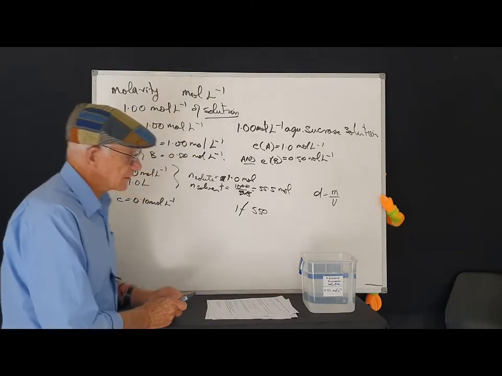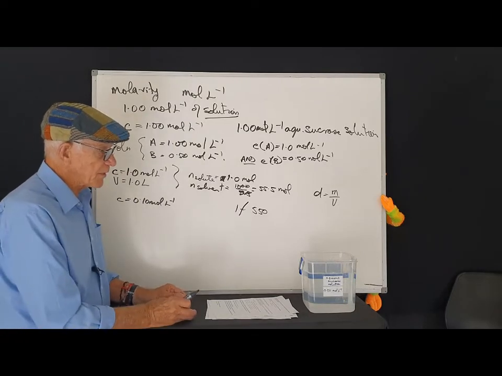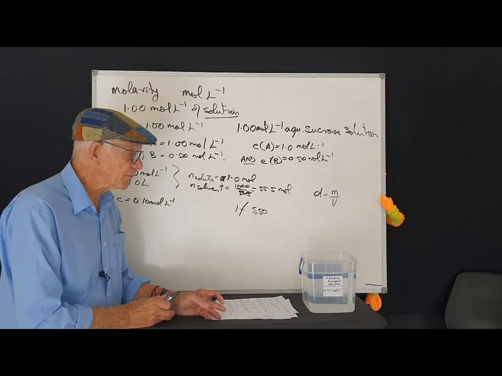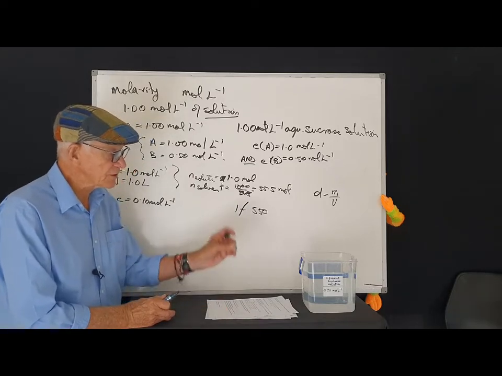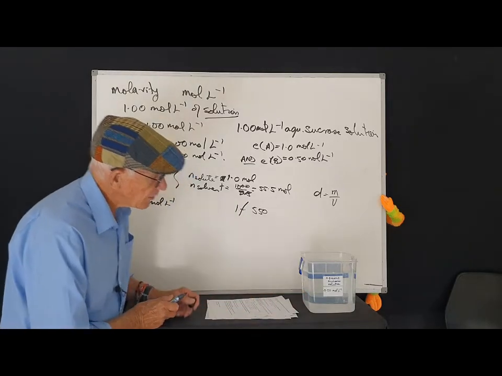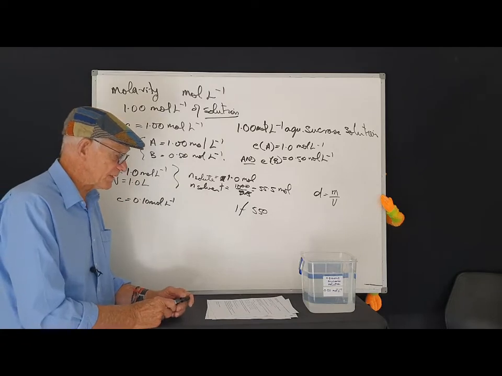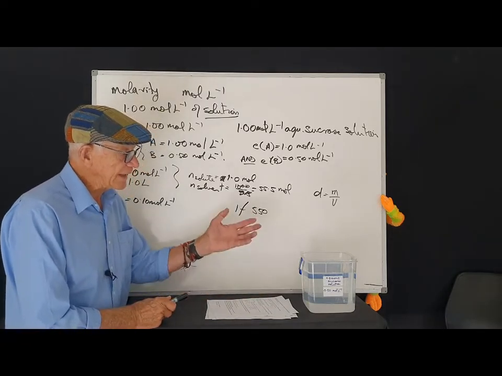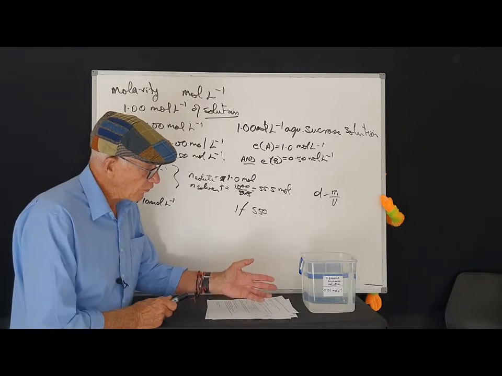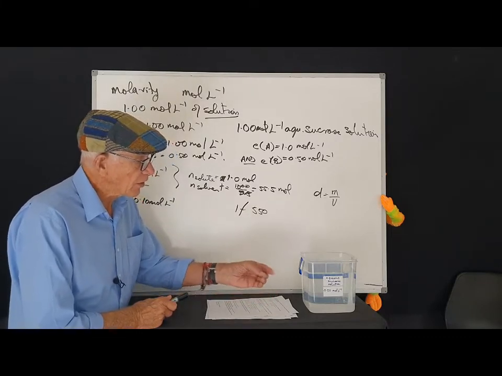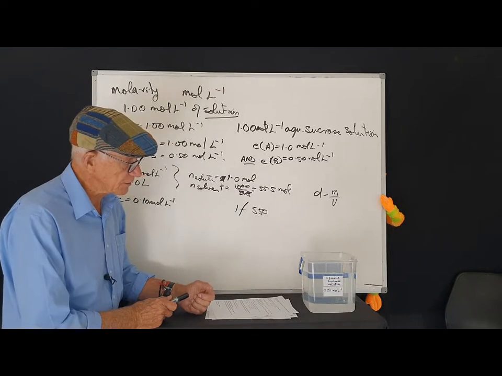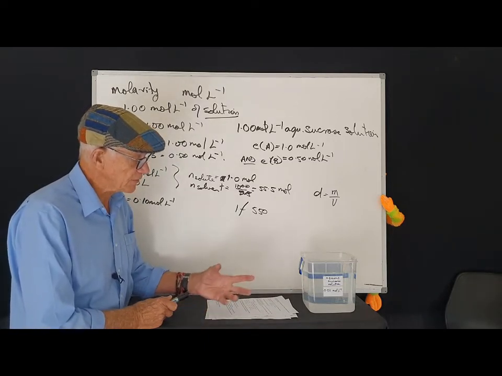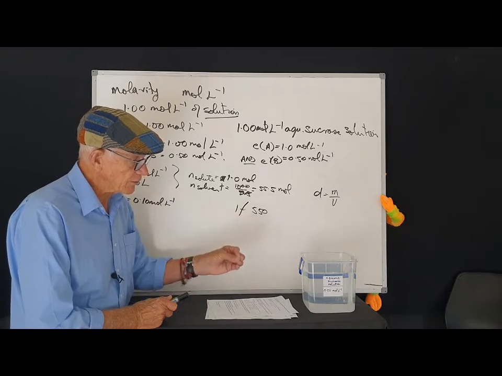And equally, the point I've been trying to make is regardless of whether we have 17 litres or 0.013 of a litre, the concentration could be 0.50 moles per litre.